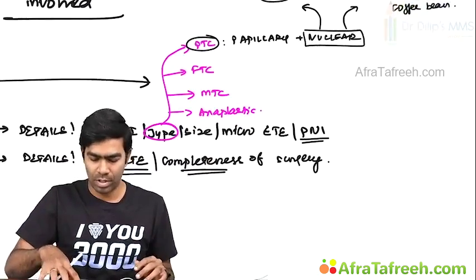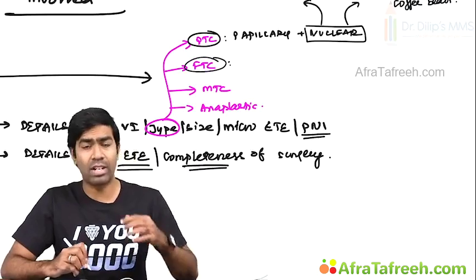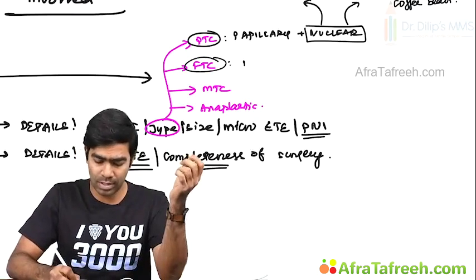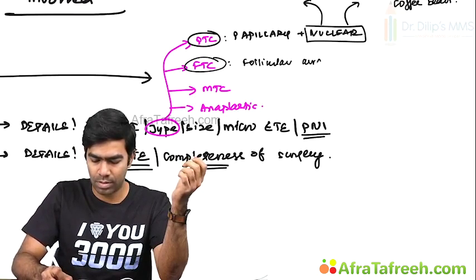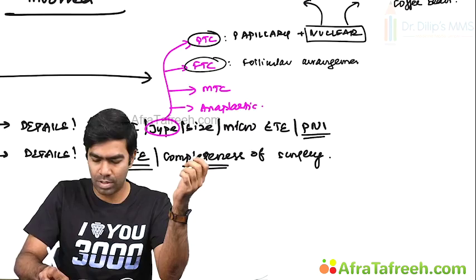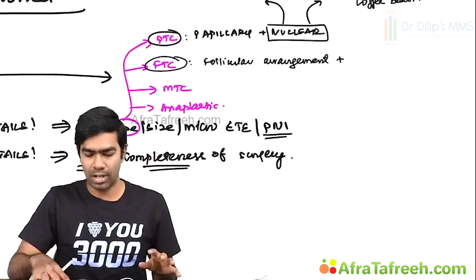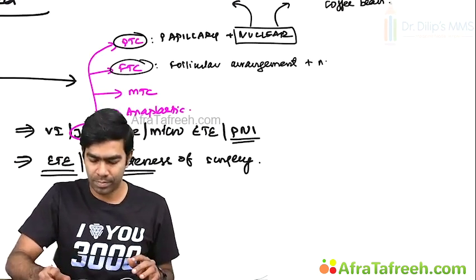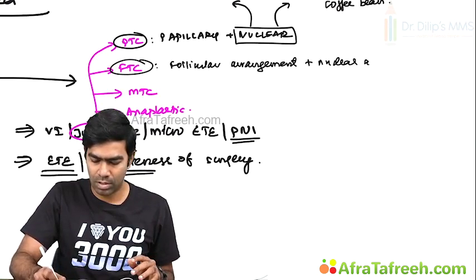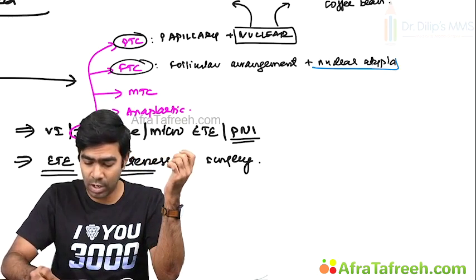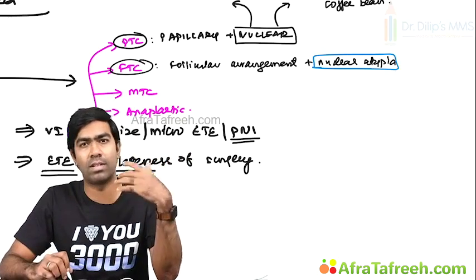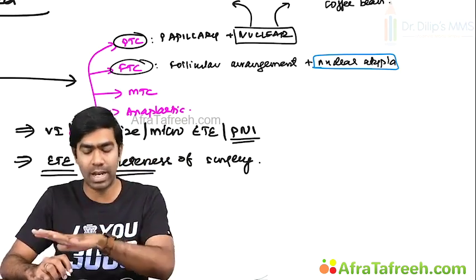All right. Second, in a follicular thyroid cancer, you will be seeing a follicular arrangement of the cells, and you will have nuclear atypia. But please note that nuclear atypia cannot differentiate between a follicular adenoma and a follicular carcinoma. It can be seen in both.